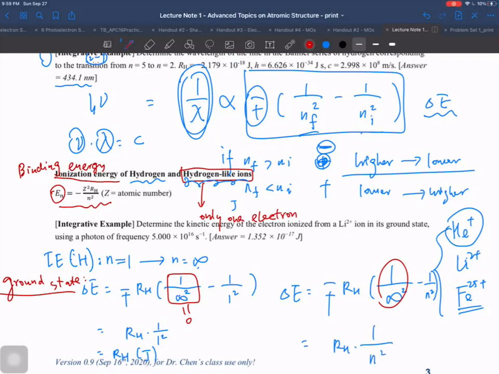Another difference here is that for hydrogen it is 1, but for others there will be a Z squared. What does it mean? Z is the atomic number. Because the other species are not hydrogen, although they have only 1 single electron, they have multiple protons in the nucleus. So the attraction force is getting stronger, right?